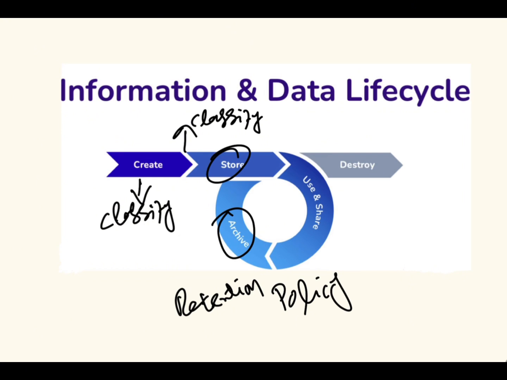Destroy. That is the last step, when data is no longer needed, even after moving to archive. As we discussed, we should have a retention policy. If the retention policy says data can be kept in archive for, let's say, 5 years, and the data is no longer needed because the policy does not allow you to keep data longer than the defined period, then the last step is that the data must be securely deleted or destroyed.